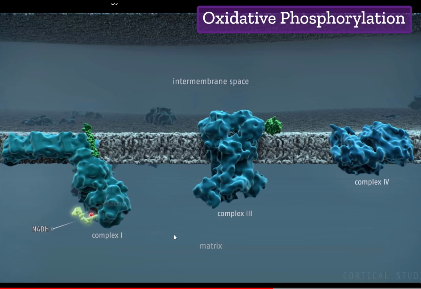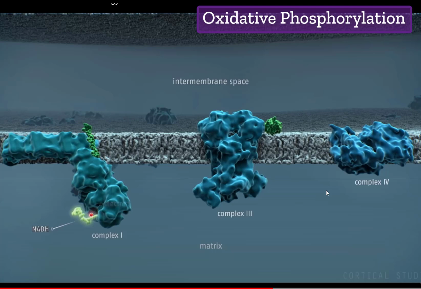And the job of the electron transport chain is to make this gradient, because this gradient is going to power ATP synthase. ATP synthase cannot phosphorylate ADP unless protons are moving through the channel.